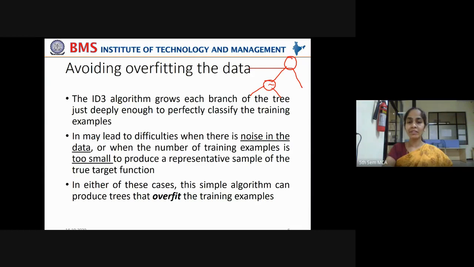Now, in either of these cases, this simple ID3 algorithm can produce trees that overfit the training examples. If you understand this concept, it will look very exciting for you. Whenever you come across this overfitting when you're working with real-time data, you will understand it is exactly not good performance of the model. It is overfitting of the model.